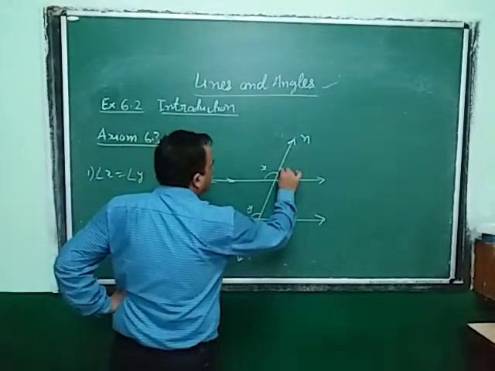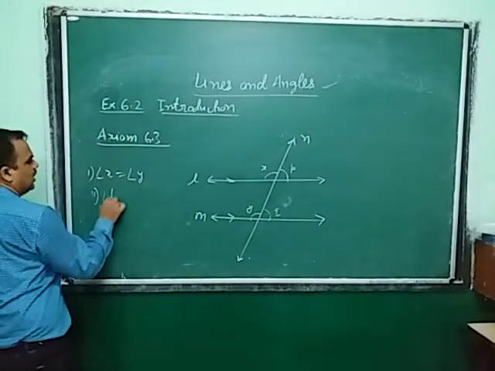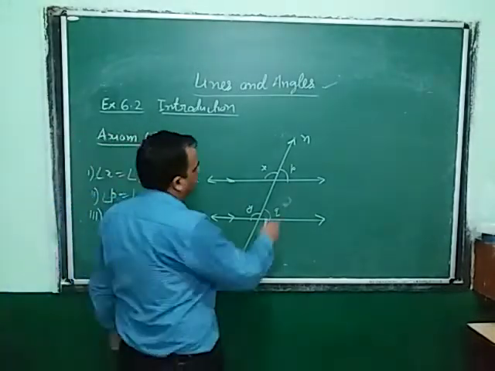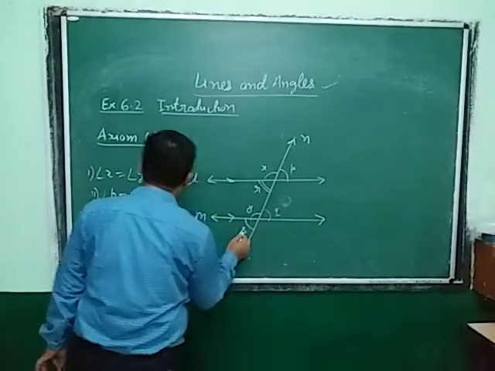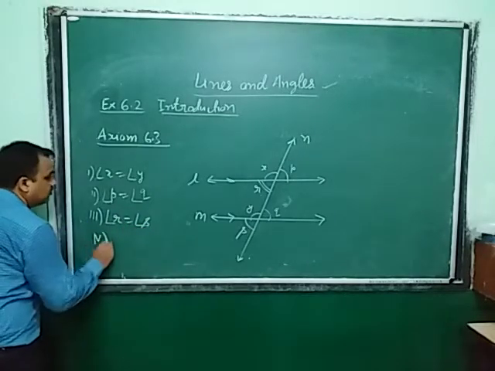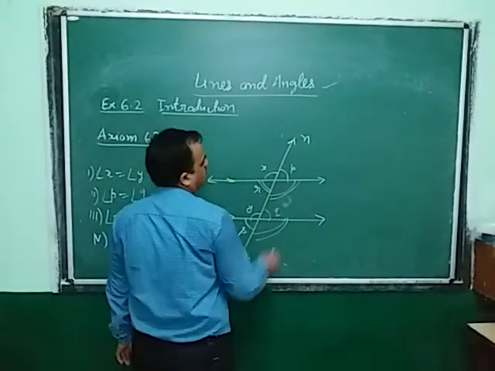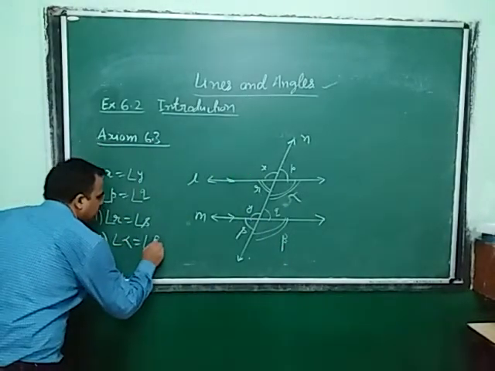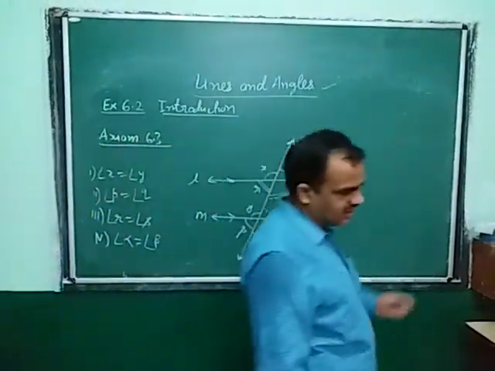Similarly, if this angle is P and this one is Q, then angle P equals angle Q. If this is angle R and this is angle S, then angle R equals angle S. And one more: if this is alpha and this is beta, then angle alpha equals angle beta. This is what axiom 6.3 says. That is, corresponding angles are equal.